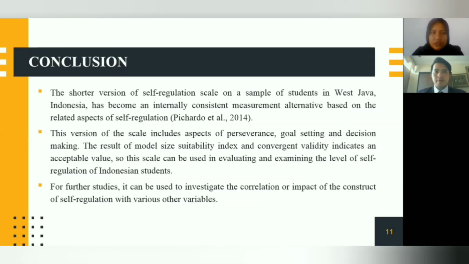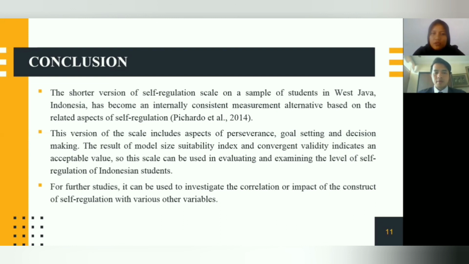The next is conclusion. The shorter version of self-regulation scale on a sample of students in West Java, Indonesia has become an internally consistent measurement alternative based on the relative aspect of self-regulation. This version of the scale includes aspects of perseverance, goal setting, and decision making.